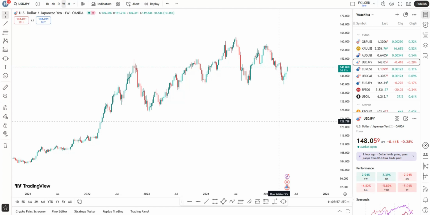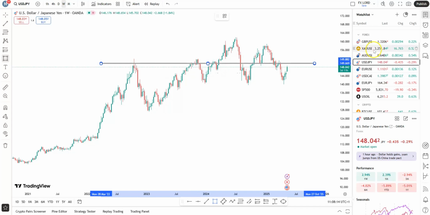Okay, so let's start. I'm going to pull out my rectangle tool. I'm going to start with the most feasible ones, the ones I can see very well at the moment. I think there's something happening around here. So I'm just going to draw this.